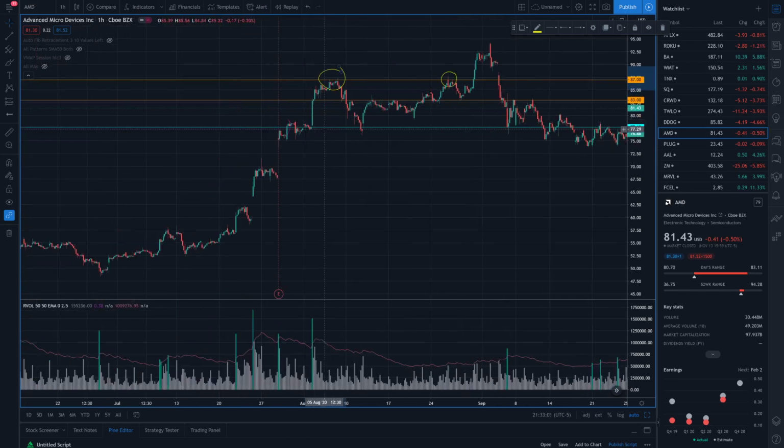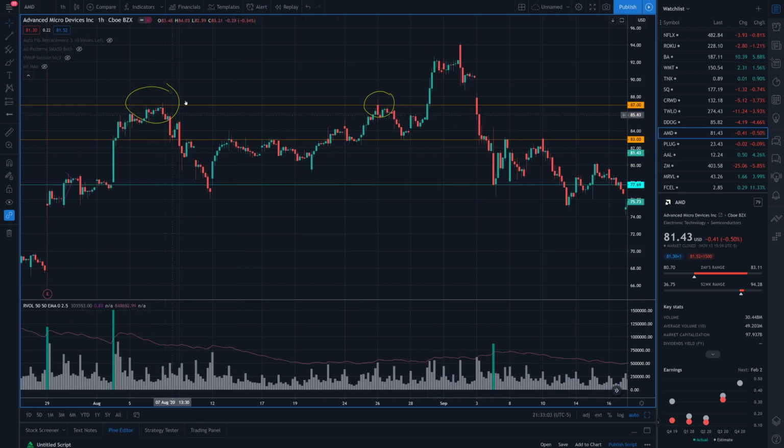And when a stock hits a level and rejects it several times, the stronger the resistance gets. Basically what that means logically is that AMD struggles significantly to get over 87 and stay there, right? Because there's a very strong resistance at that level.